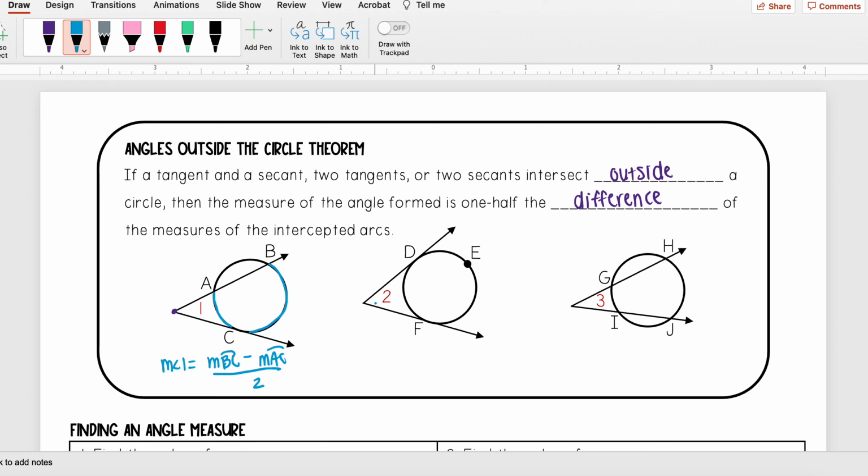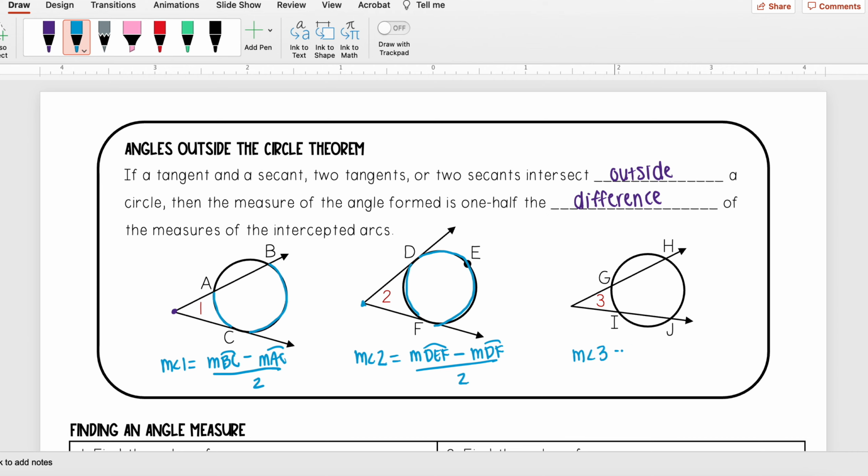So for angle 2, I see these are two tangents that are intersecting at a point, and so this would be that the measure of angle 2 is equal to my bigger arc, which is going to be DEF, minus my smaller arc, which is DF, over 2. And then when I have two secants intersected, I see the same thing.